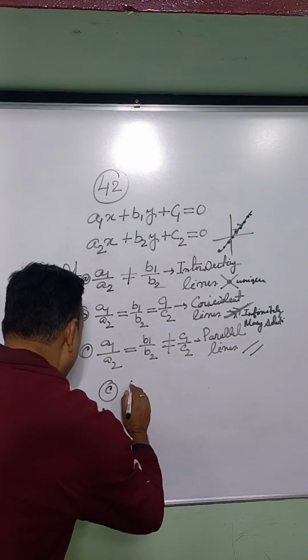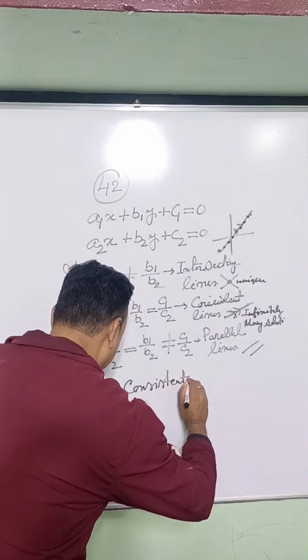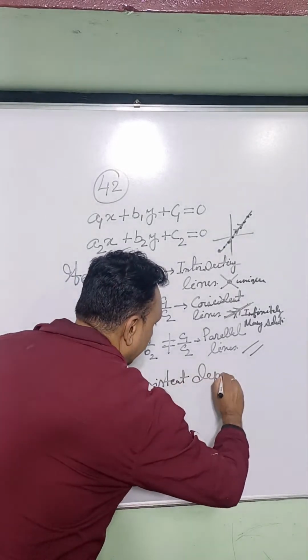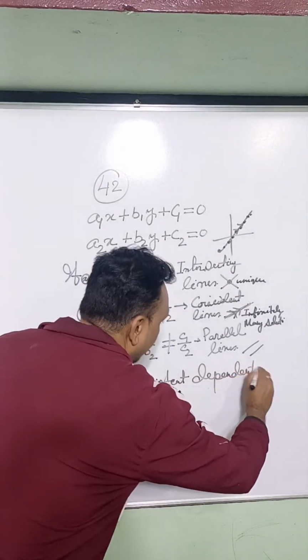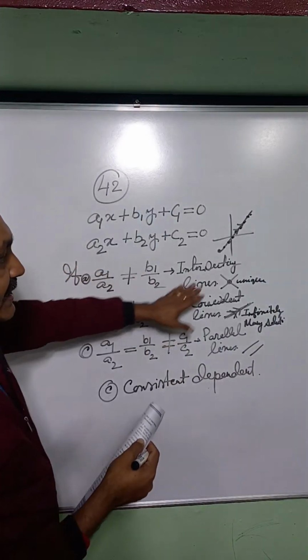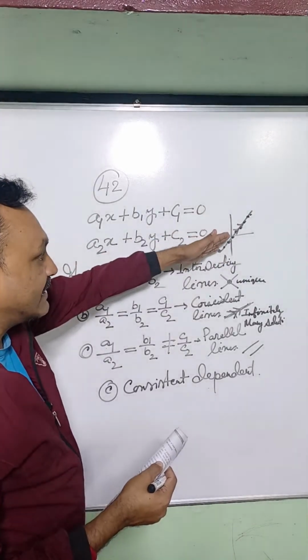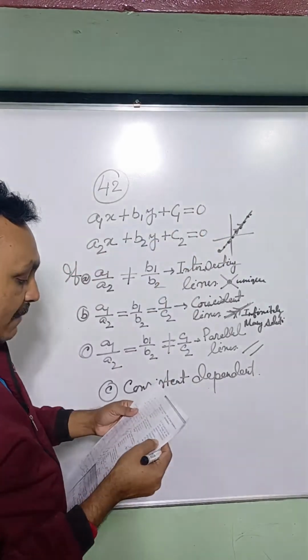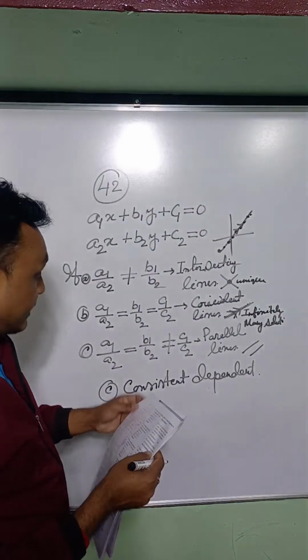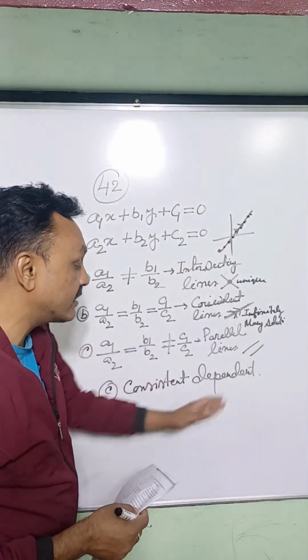That is consistent dependent. The graphs lie on the same points, so they are consistent lines. Why are they dependent? Because they have many solutions. When there are many solutions, it is called dependent.